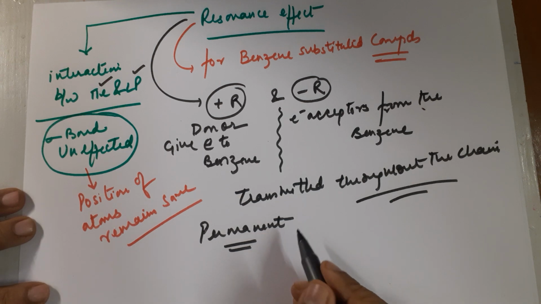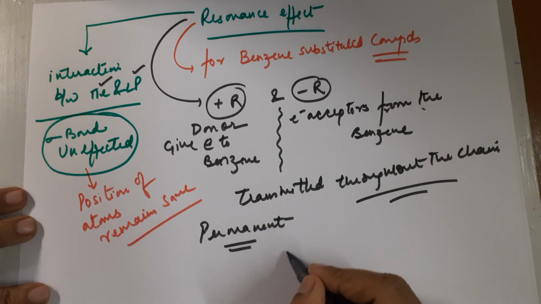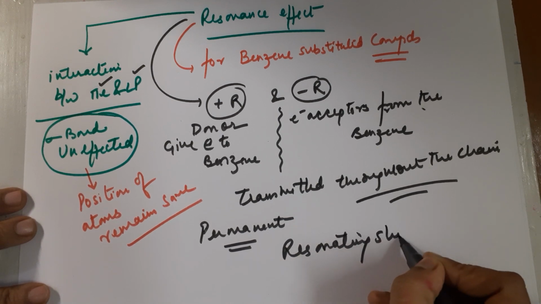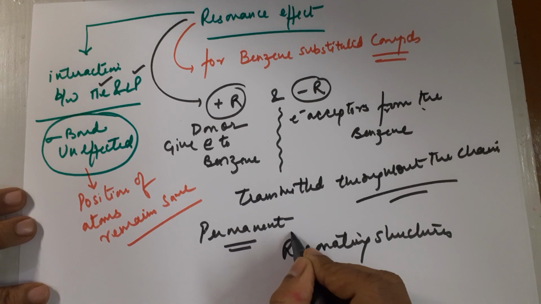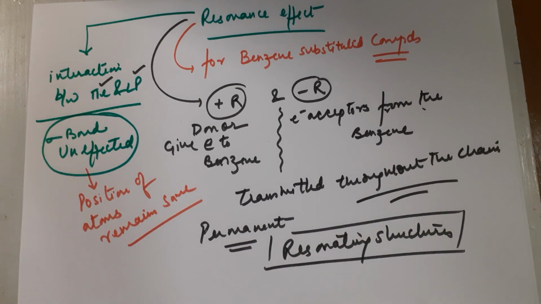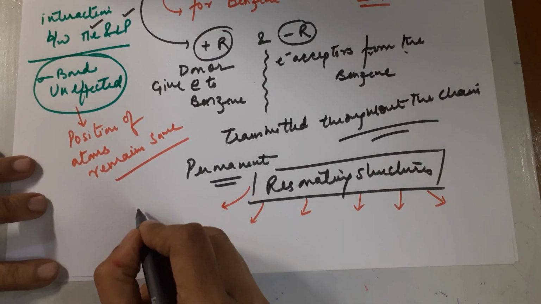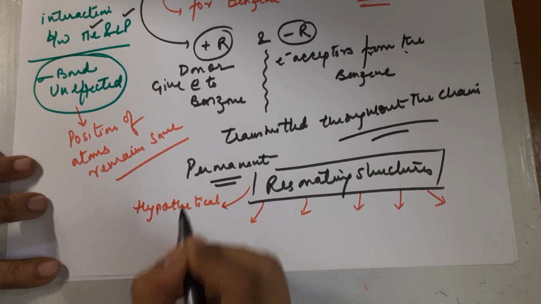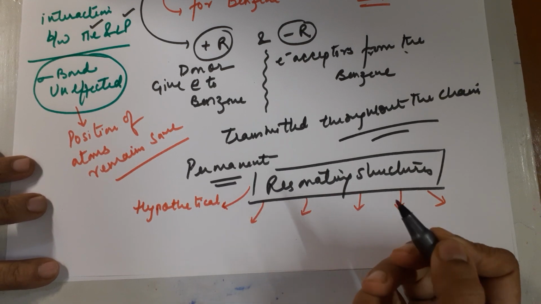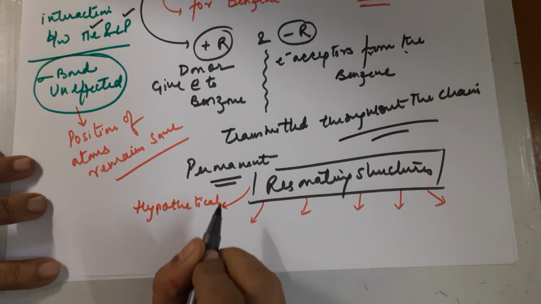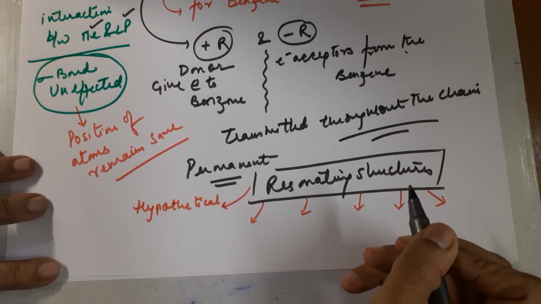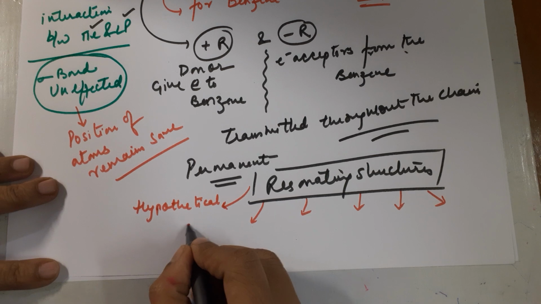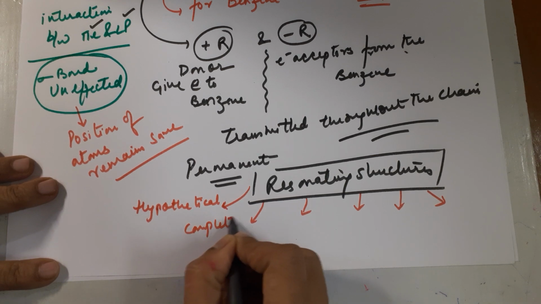Now, there are certain things that you need to understand while drawing the resonating structures. What is it that you need to take care of? The first thing, these are hypothetical, which means you cannot isolate them. These are hypothetical structures which are drawn to understand the properties of a particular compound. Also, in this set, all the atoms should have a complete octet.